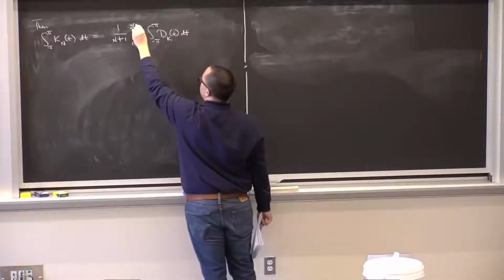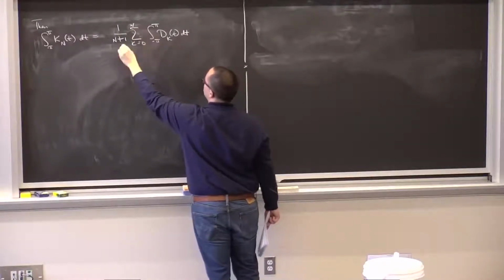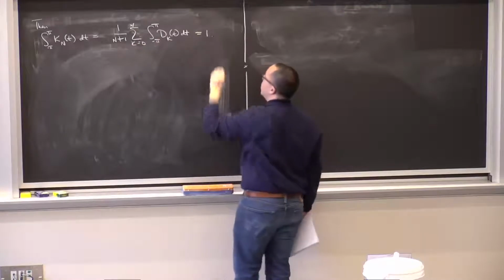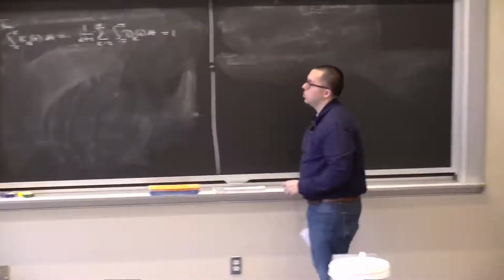Sum from k equals 0 to n, 1, I get n plus 1. Divided by n plus 1, I get 1. Okay? So that gives me 2.